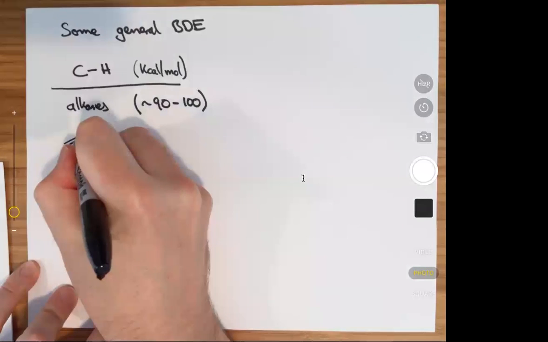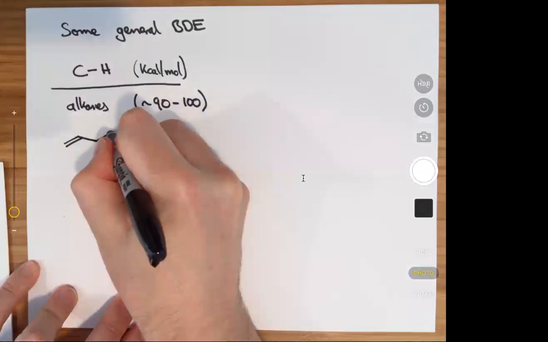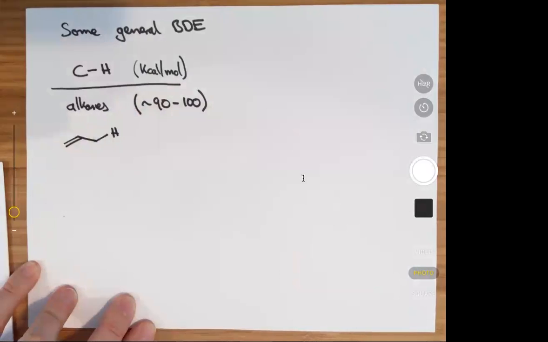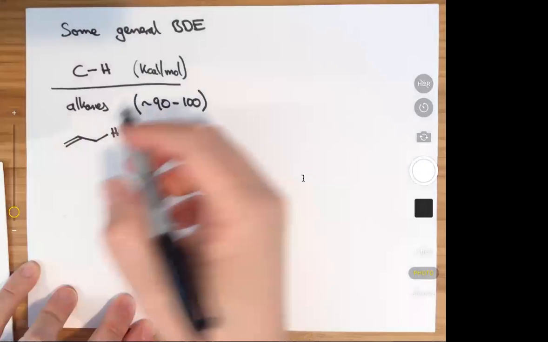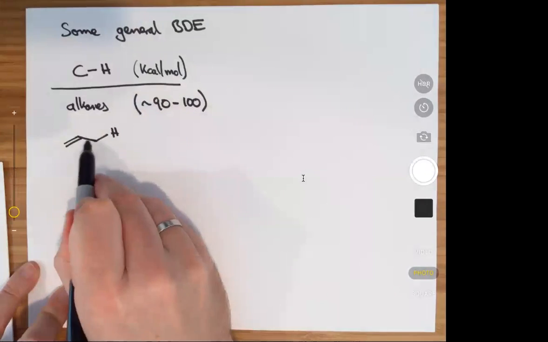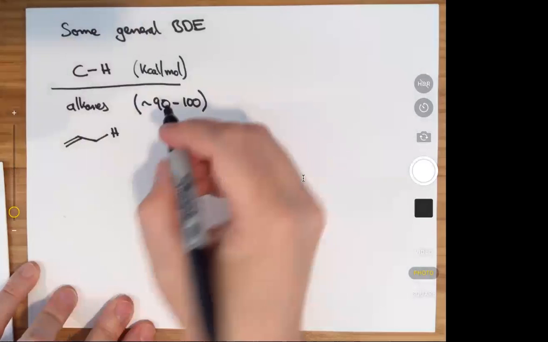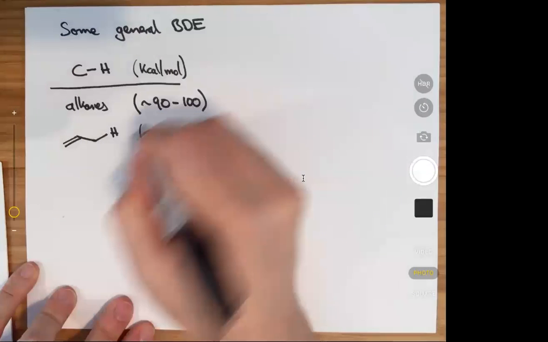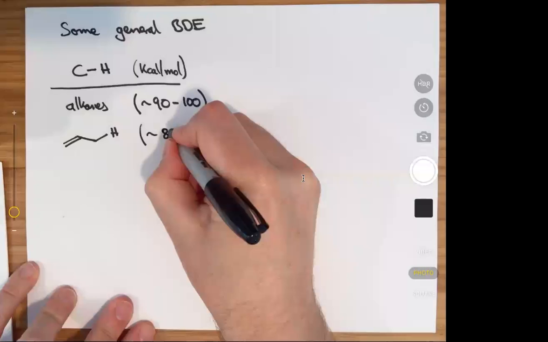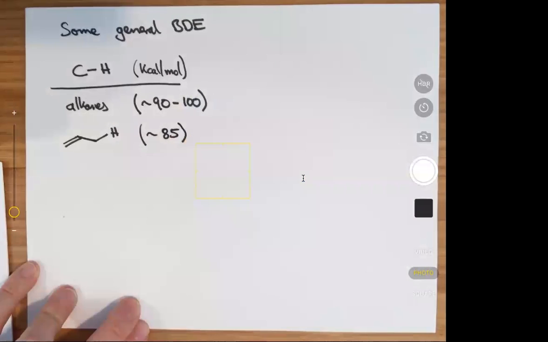If you have an allyl system, this CH bond is significantly weaker because the resulting allyl radical is stabilized through resonance. This drops the bond dissociation energy to roughly 85 kilocalories per mole. But pi systems generally are not assisting this bond dissociation.